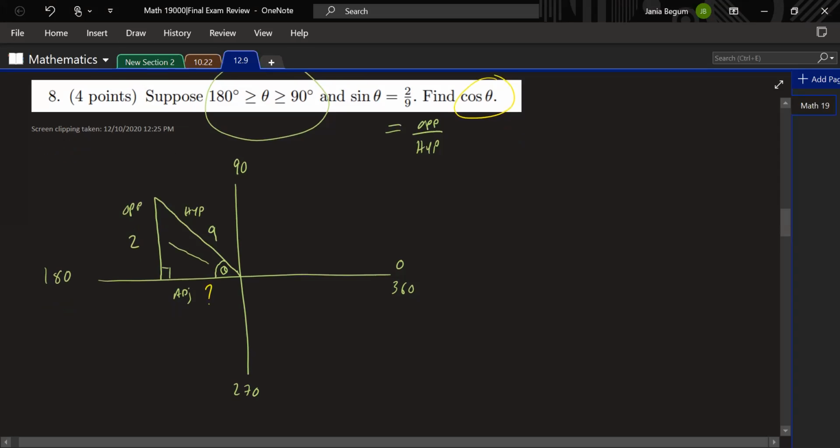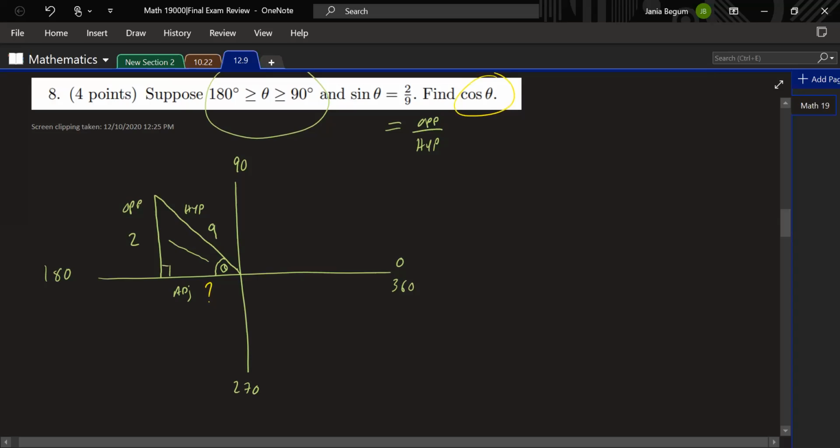Let's figure out the missing length using the Pythagorean theorem: a squared plus b squared equals c squared. We're missing one of the legs. Let's label 2 as A, the question mark as B, and C is 9 squared. So what is the question mark squared then?